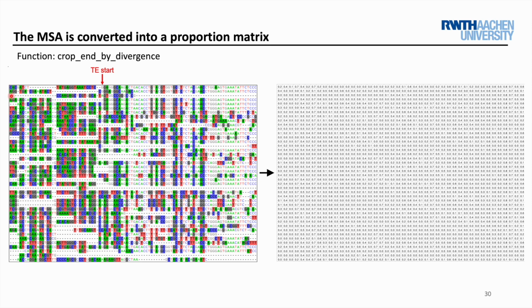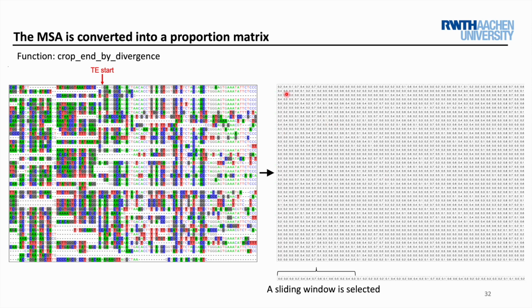Let's say for the first column, the adenine occupies 40% of this column. All the adenine corresponding positions will be 0.4. The gap will be 0. The thymine occupies 30% of this column, so this will be 0.3, and the same for the rest of the columns. This becomes the proportion matrix.